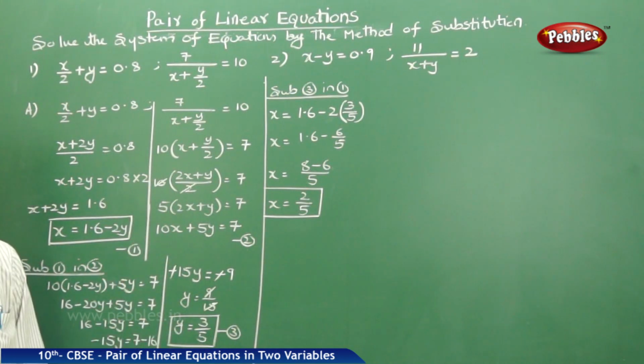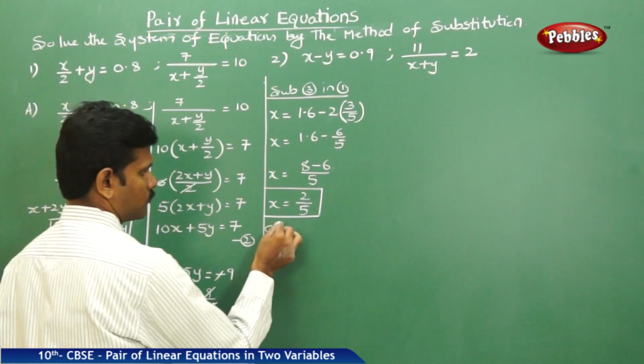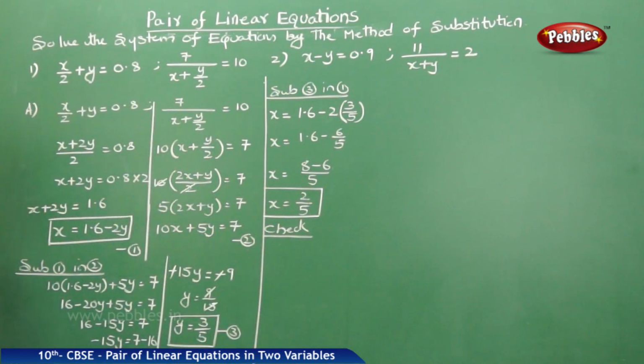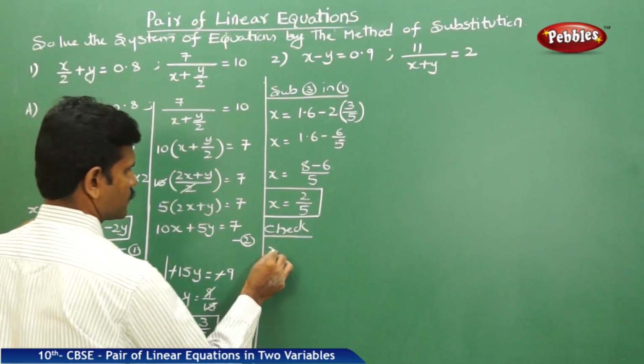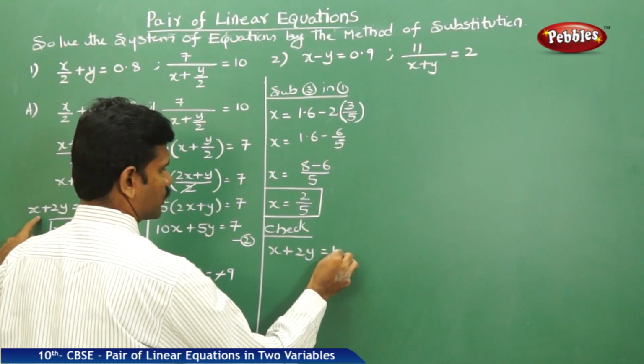Okay, let us check whether these values are right or wrong in the given equation. Take any of the equations of your choice. Okay, I will substitute in this one, that is, x plus 2y is equal to 1.6.